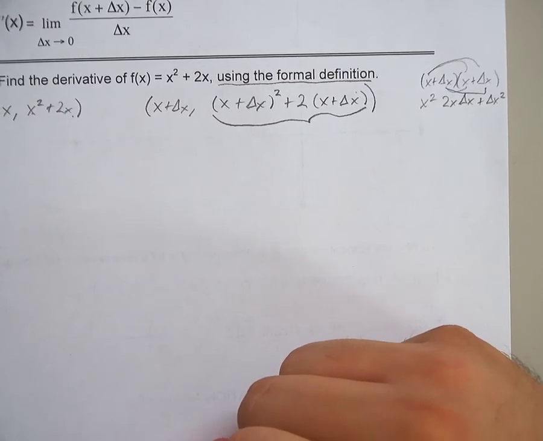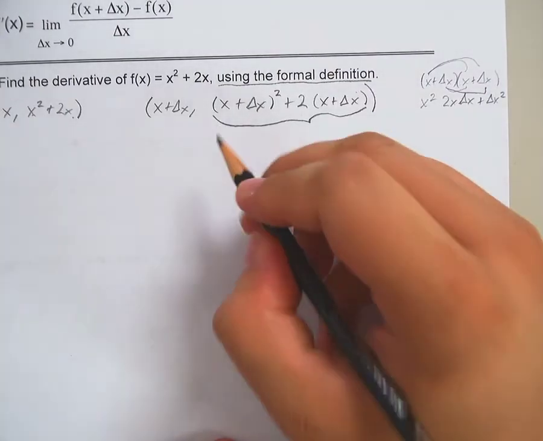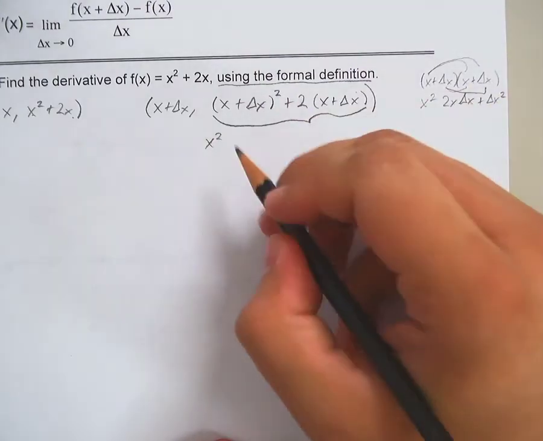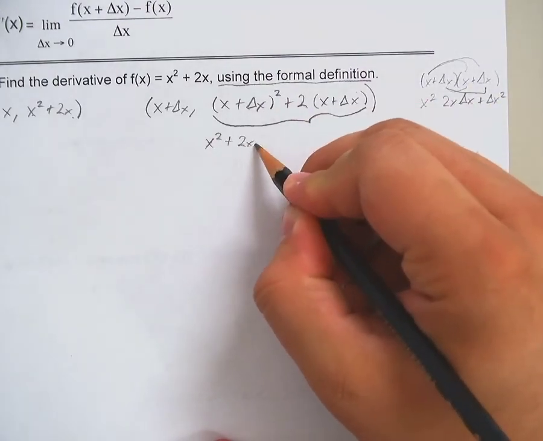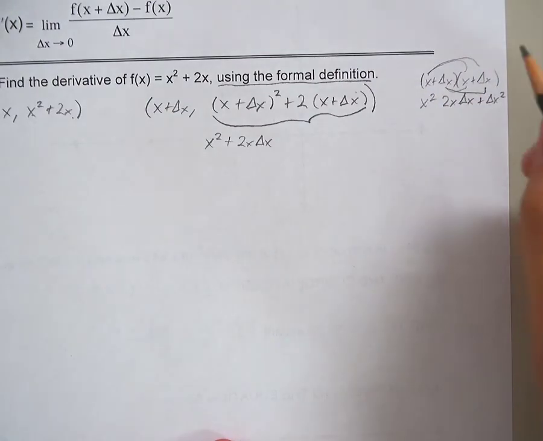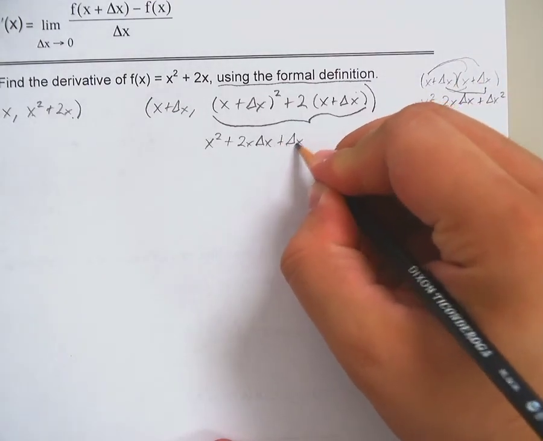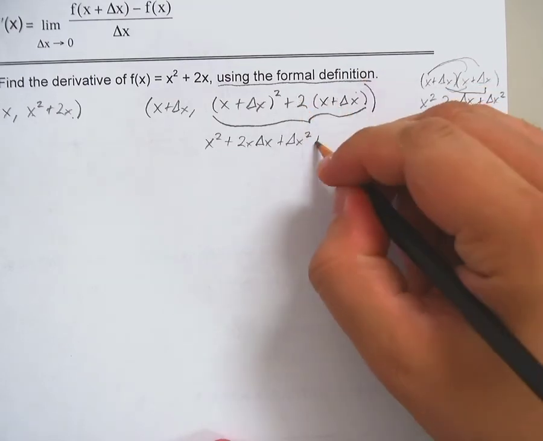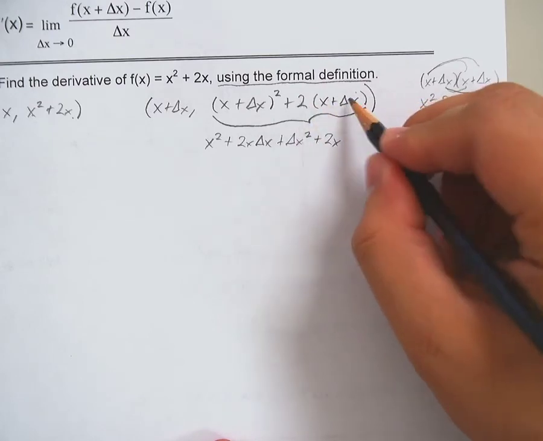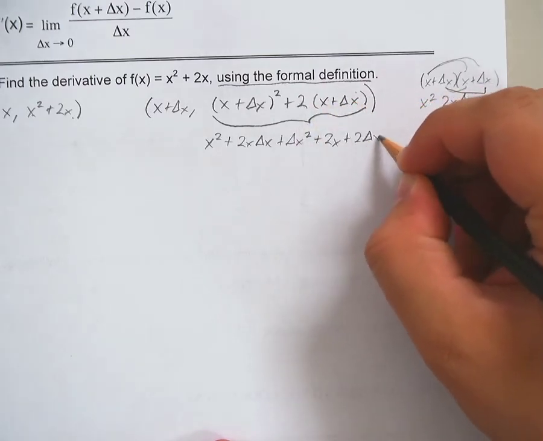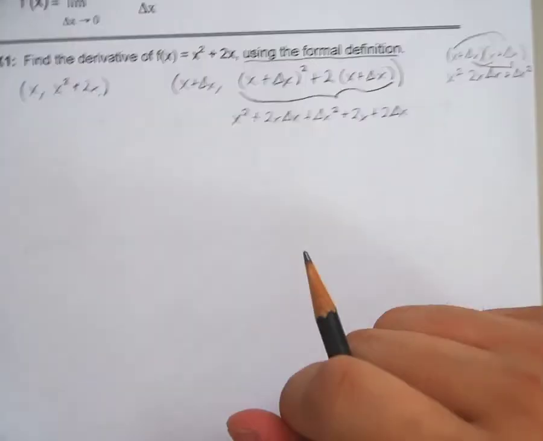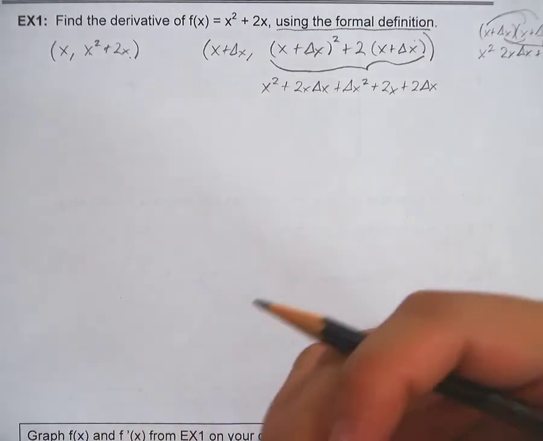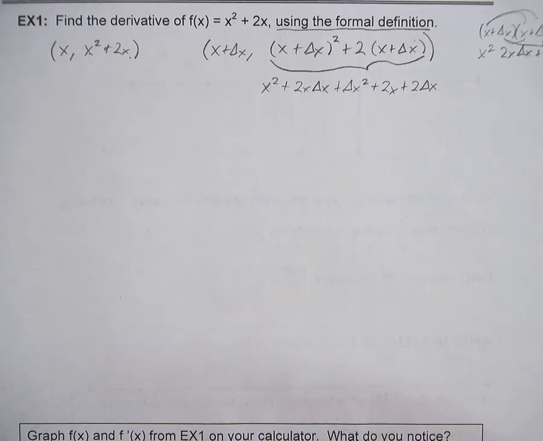So this is going to be x squared plus 2x delta x plus delta x squared plus 2 times x plus 2 times delta x. Please don't get confused at all the deltas that are thrown in there. A delta is just a placeholder for some change that you don't know. Nothing different than a variable. That wouldn't be any different if I had a y there.